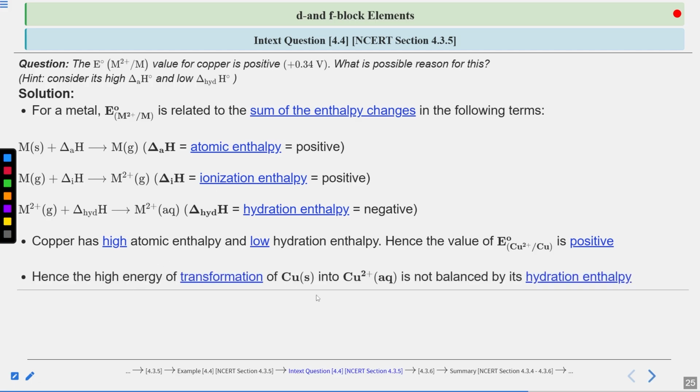Hence, the high energy of transformation of solid copper into copper 2 positive in the aqueous form is not balanced by its hydration enthalpy, because it is lower for this conversion.